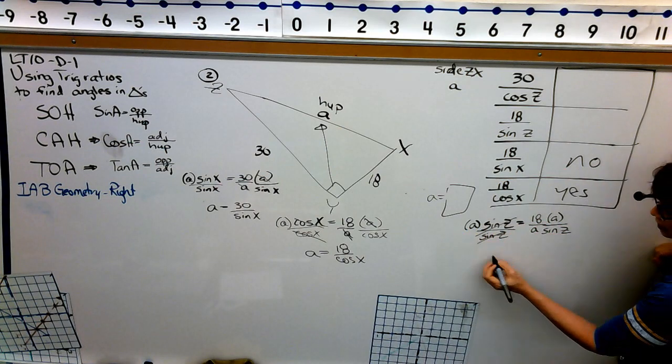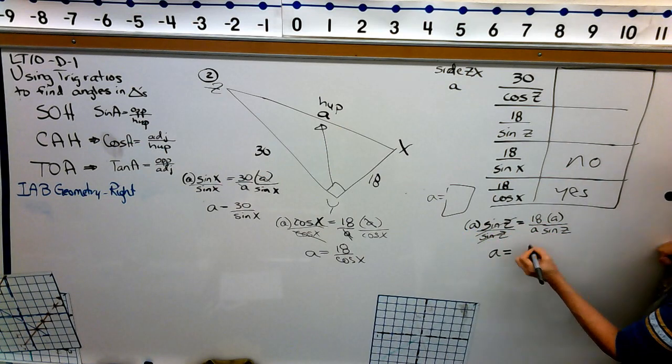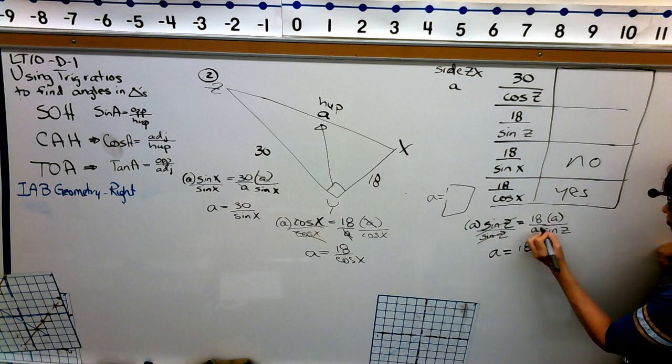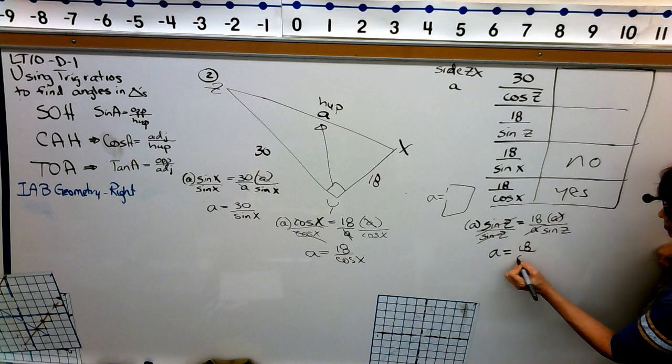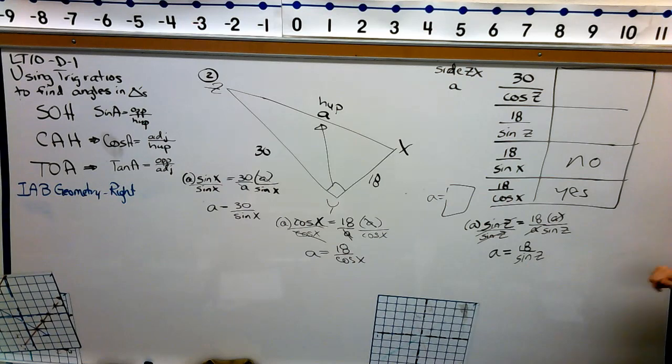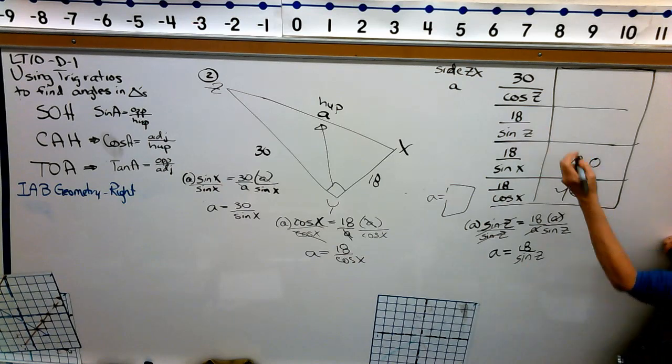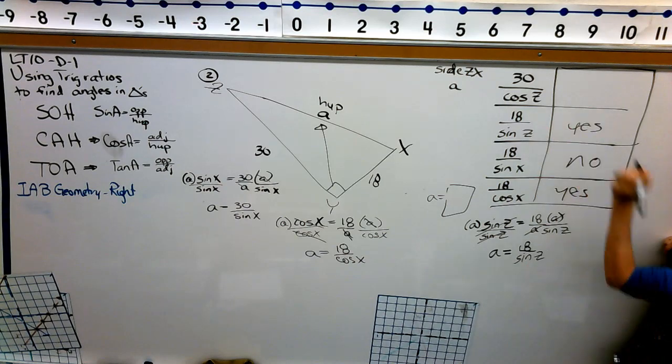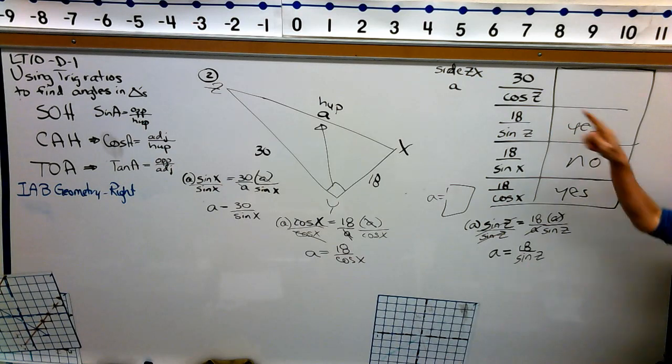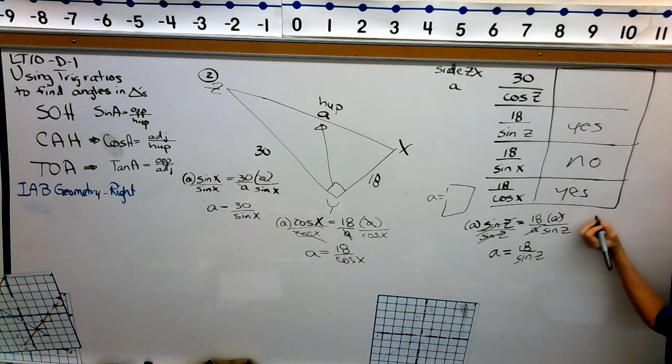So my cosine of Z, I'm at Z, cosine is 30 over A, right? Because 30 is adjacent over hypotenuse. Yes? You might have also noticed that basically what we're doing is just switching these around.